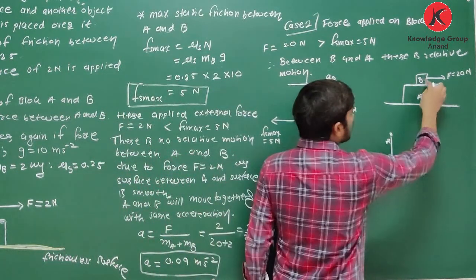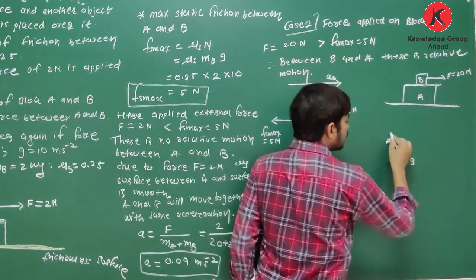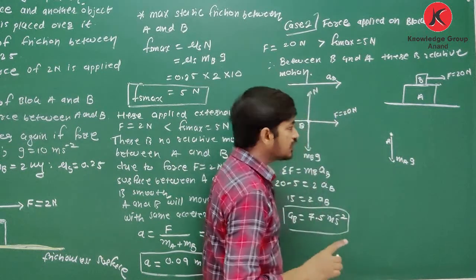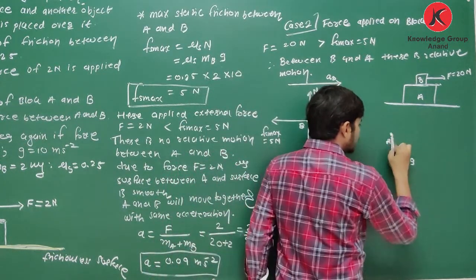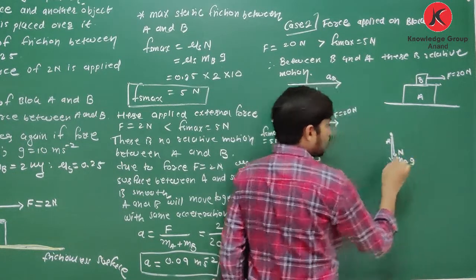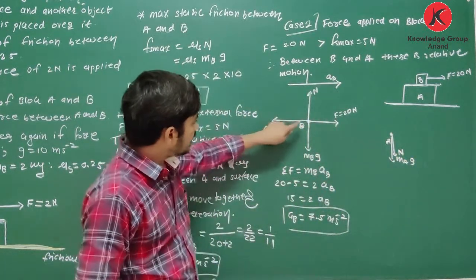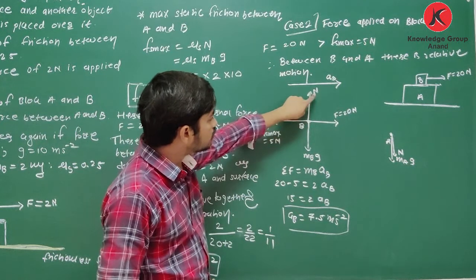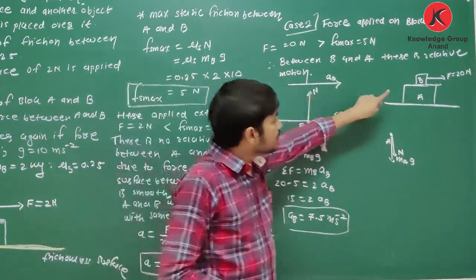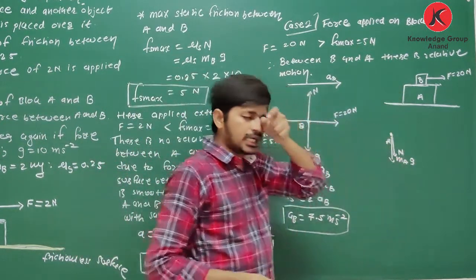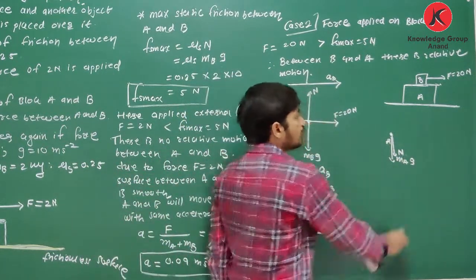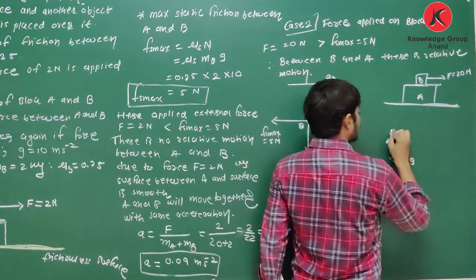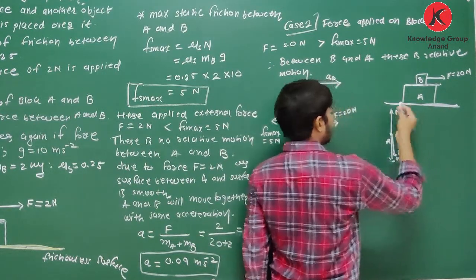First, due to B, it will be in the downward direction, and it is N. Why N? Because A exerts normal force N on B, so B also exerts normal force N on A. Clear about this? This normal force is due to B. Now, due to this surface, the normal force is in the upward direction.